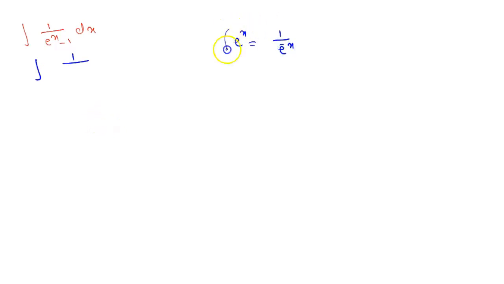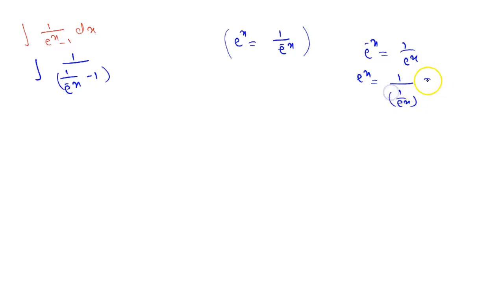So 1 by e power minus x minus 1. In general, e power minus x is also 1 by e power x. In the sense, e power x is equal to 1 by e power minus x. That concept here I have written. Okay. By taking LCM and sending to the numerator, e power minus x by 1 minus e power minus x dx.